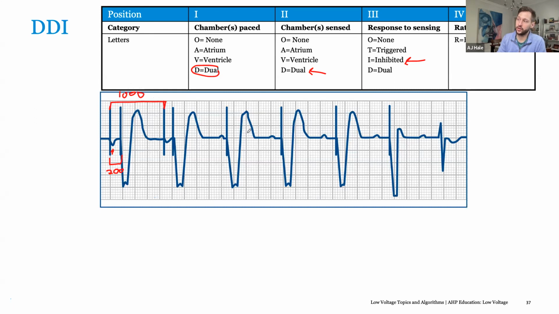If a ventricular event comes earlier, your atrial timing is actually the V timing minus the AV delay. So your actual atrial timing is not based on this 1000 millisecond clock. It's actually based on the ventricular clock minus 200 milliseconds.